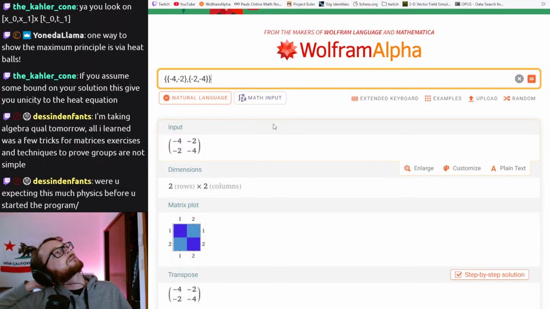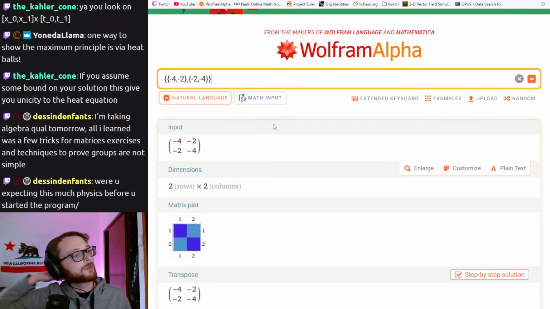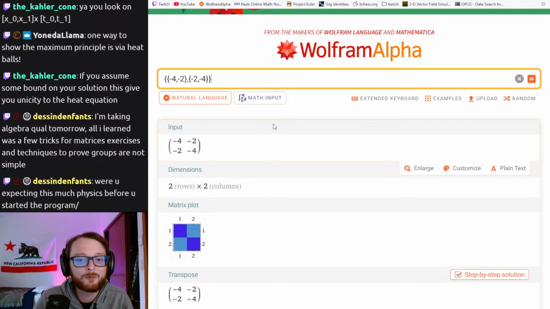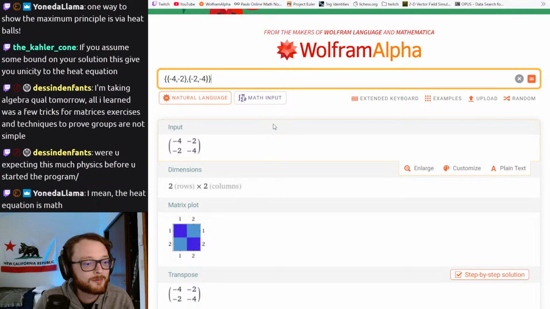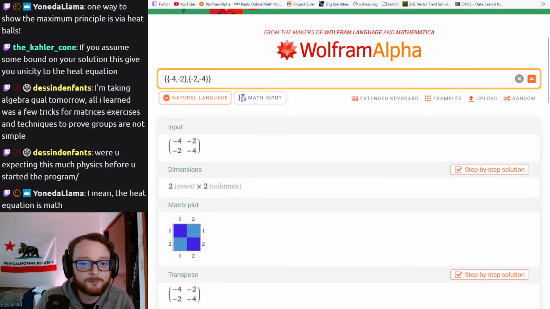Aside from solving PDEs, that's the only physics that we've done. But I enjoy it. I mean, the heat equation goes both ways in my mind, at least. I wanted a good dose of physics in my applied math.